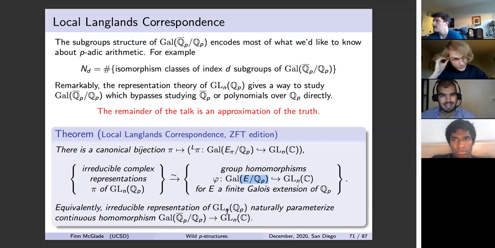I think you can take an open neighborhood of the identity in GLNC which contains no nontrivial subgroups. Think about just the case of GL1C.